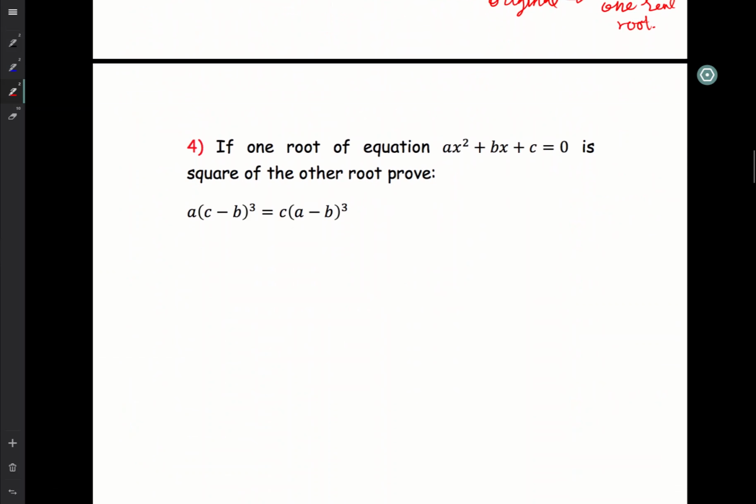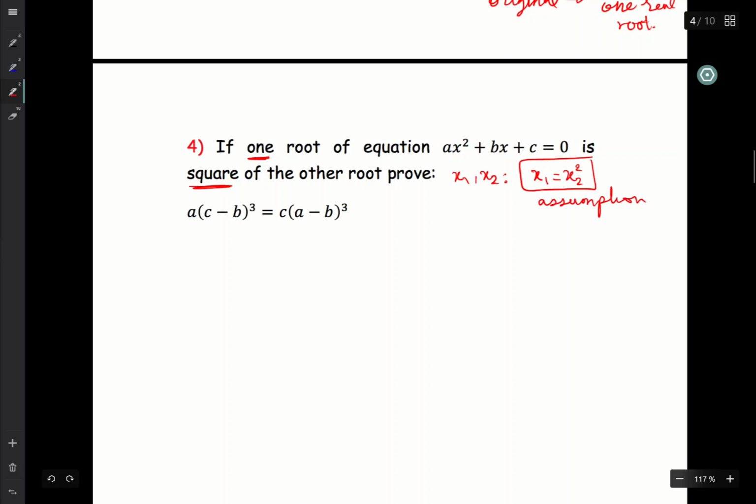If one root of the equation ax squared plus bx plus c equals 0 is the square of the other root. So if I have two roots x1 and x2, let's assume that x1 is x2 squared. This is the assumption, this is given. Then prove this relation.